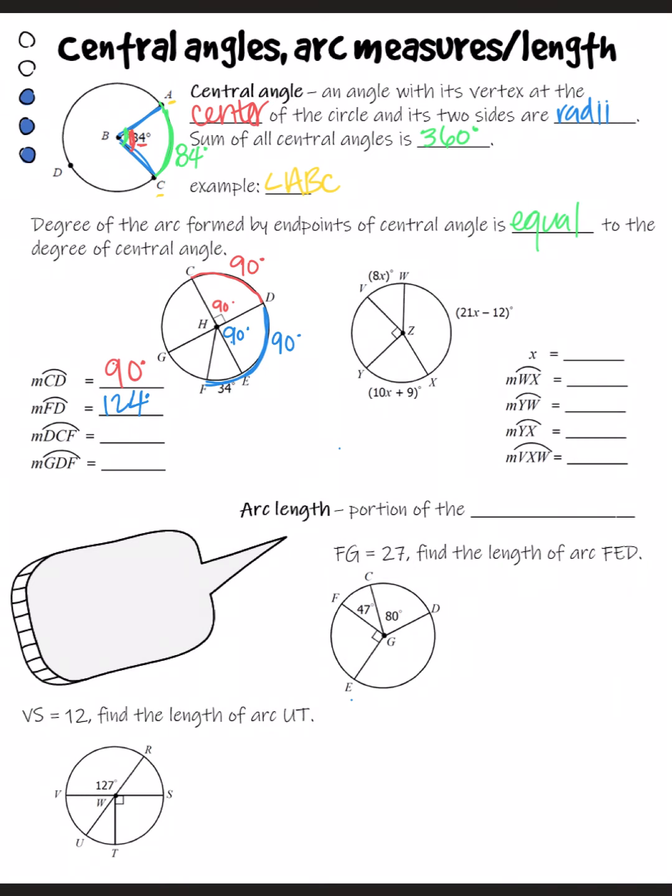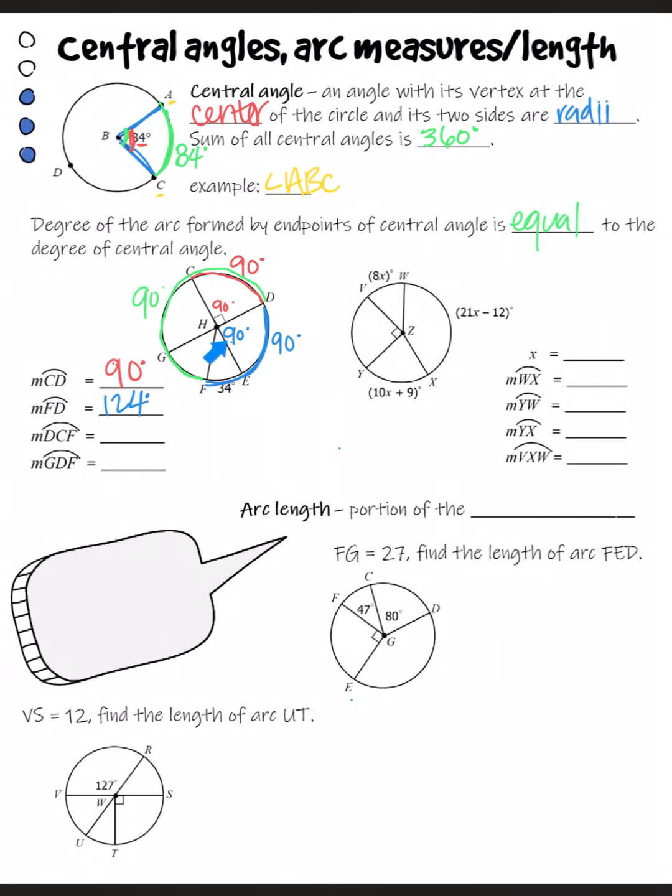DCF, three letters. So we know it starts at D, goes through C, and ends in F. Three letters, it's going to be greater than 180. So again, we have a semicircle here. So we know that these two portions are 180. One of them's marked with 90, so then that other one is 90 as well. So then what is this one?